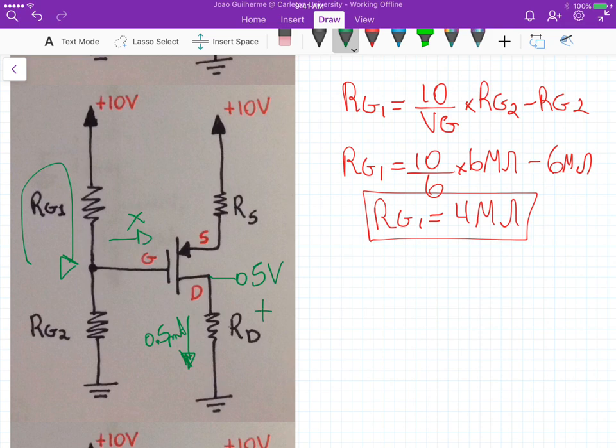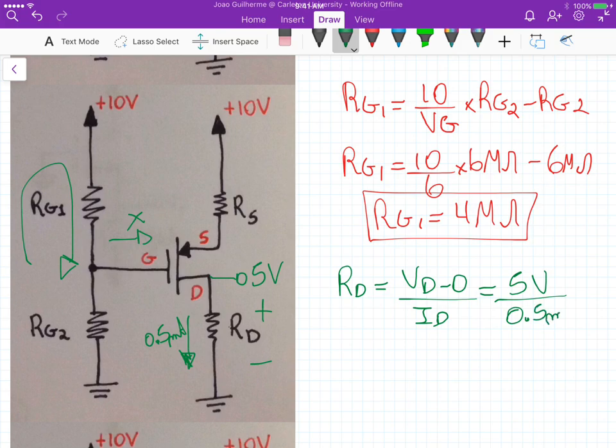If we apply Ohm's law here to find the voltage across RD, RD equals VD minus 0 volts divided by ID. This gives us 5 volts divided by 0.5 milliamps. RD in this case is 10k ohms.